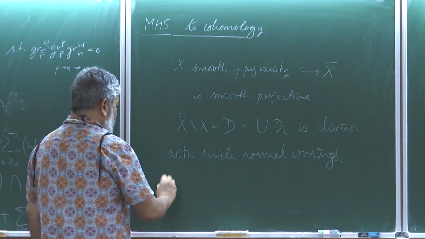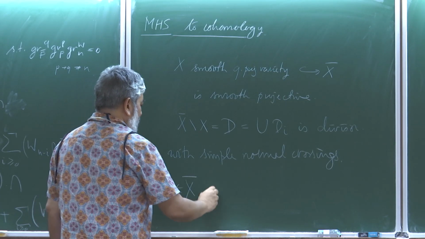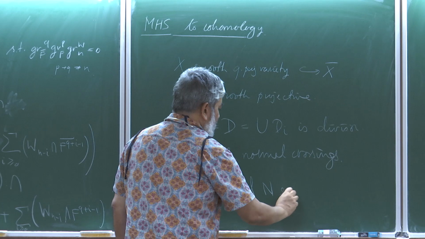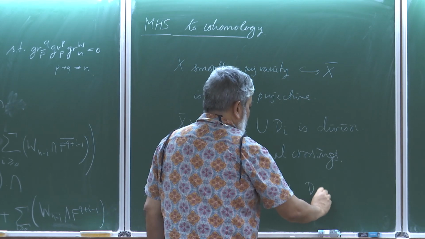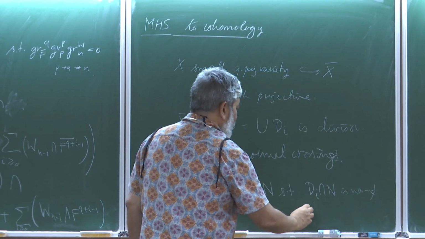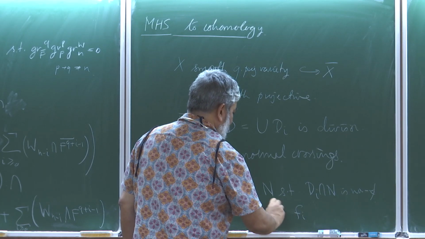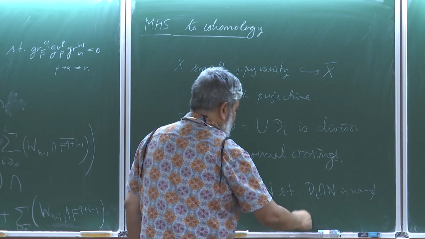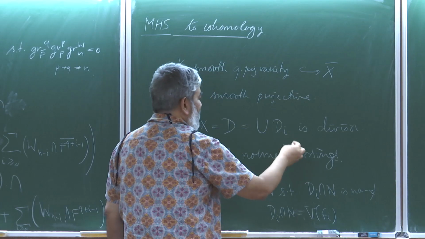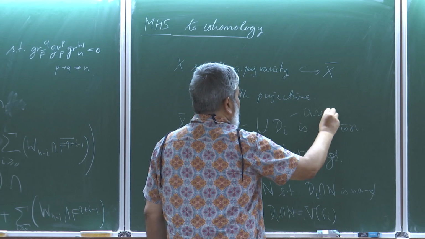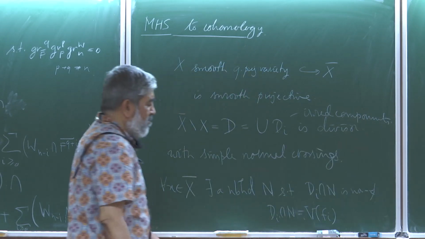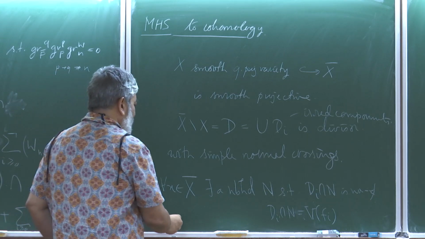Which means that for every x in X bar, there is some neighborhood N such that if D_i intersection N is non-empty, then it is given by a function f_i. That is, D_i intersection N is the vanishing of some f_i. These are the irreducible components, I should say. And these are part of a regular system of parameters.